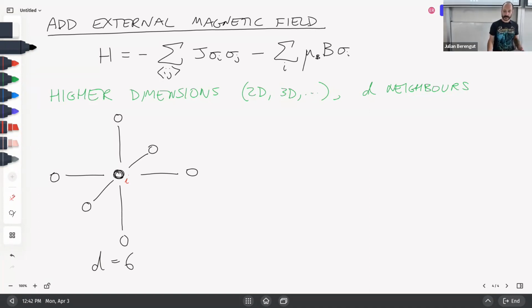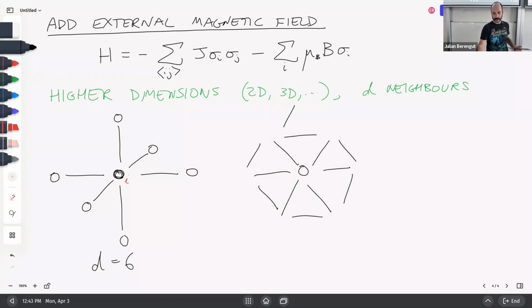Alternatively, you might be thinking, okay, I'm in 2 dimensions, but it's a different kind of lattice. So for a square lattice, how many neighbors would each one have? 4 for a square lattice. What about for a hexagonal lattice, a triangular lattice? 6. Let me try and draw a triangular lattice.